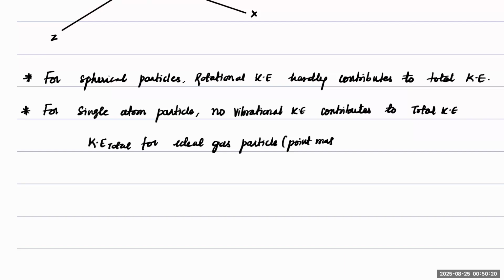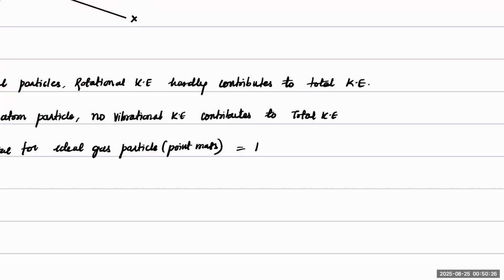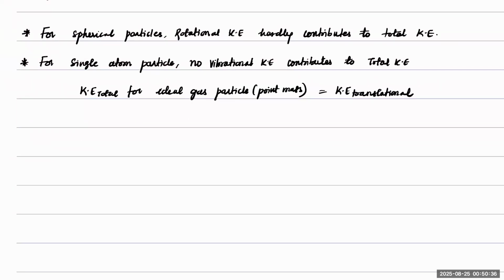Point mass means the particle is like a sphere. Then that should be equal to only the kinetic energy due to translation. So there is no contribution of rotation, there is no contribution of vibration. It is only because of translation. Thus, can we say that the total kinetic energy is equal to the translational kinetic energy?